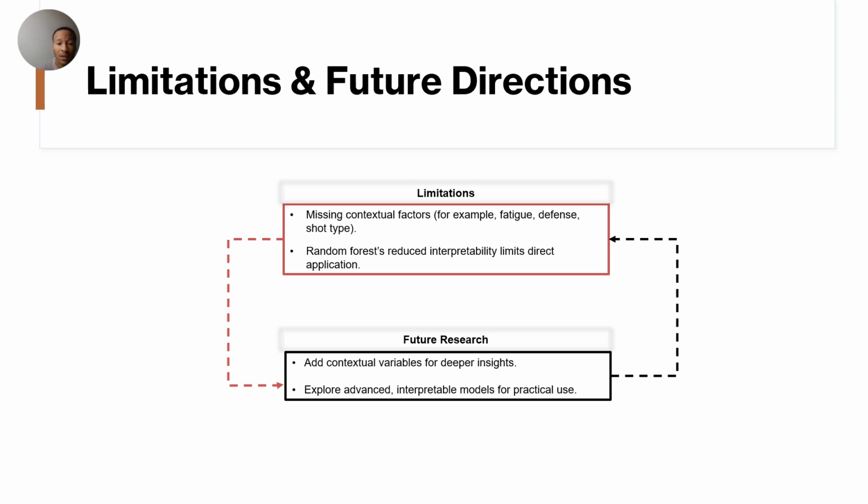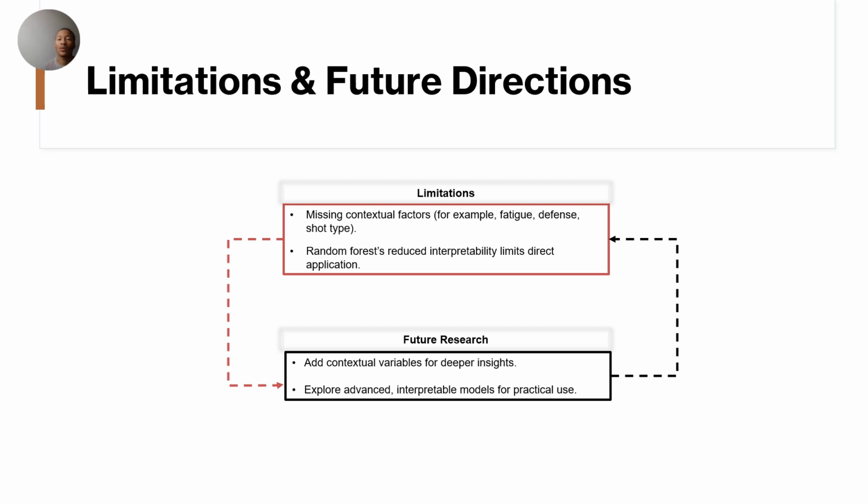The random forest model, while it's robust, has reduced interpretability, making it harder to apply directly in practical decision making scenarios. To address these limitations, future research could focus on adding contextual variables to the data set, which would provide a more holistic understanding of shot success.